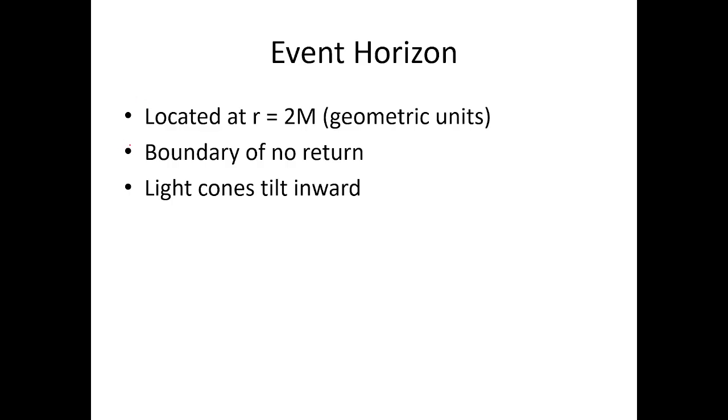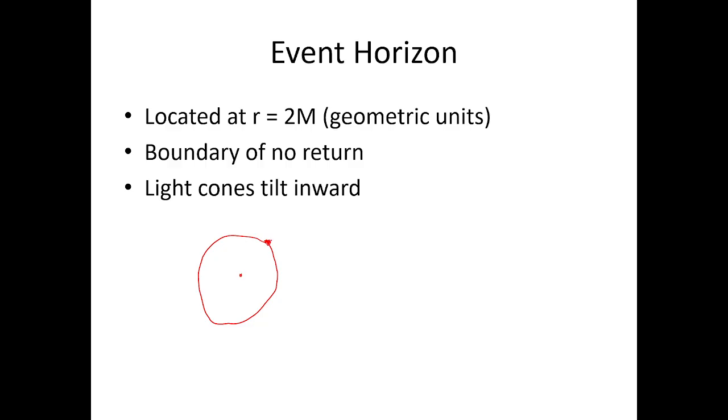The event horizon, we did it. The event horizon is r equal to 2m. This is the boundary of no return. Here is the singularity and here is the horizon. If somebody reaches the horizon, that is the point of no return.